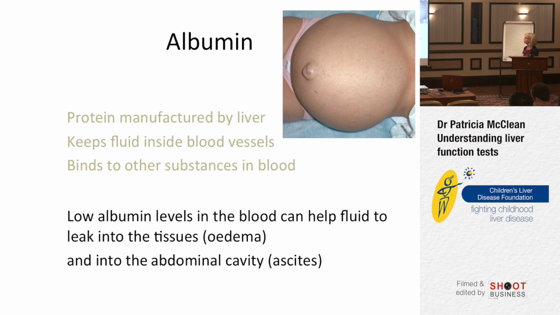And if the albumin level falls in the blood, then the fluid within the blood vessel can leak out of the blood vessel into the tissues, so they get puffy eyes, puffy legs and feet, and that's called edema, or it can leak into the abdominal cavity, and that can add to the presence of ascites. It's not the only reason you get ascites in liver disease, but it does add to it.